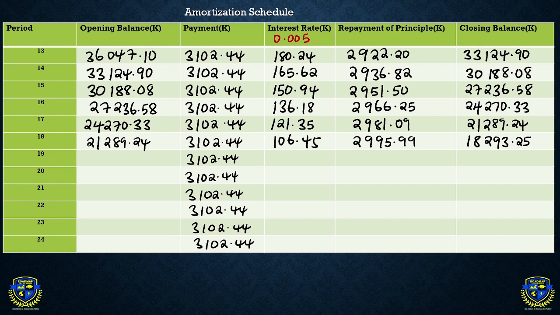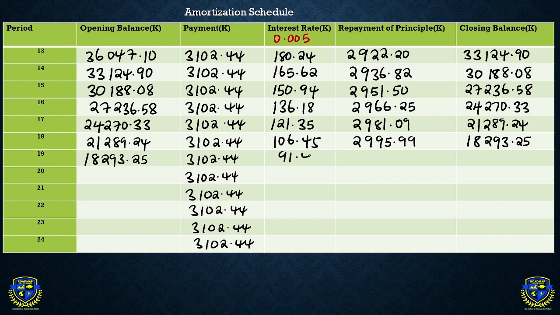So in period 19, that's going to be our opening, 18,293.25, multiplying it by 0.005. Okay, that's going to give us 91.